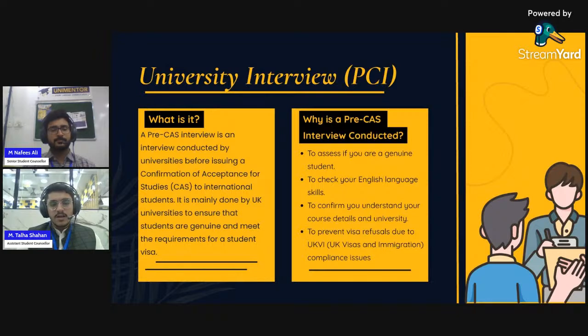Another thing is the pre-CAS interview is conducted to confirm you understand your course details and university. If you are going to the UK for educational purposes, you have to understand which university you are getting into and which course you have chosen. In Pakistan, many consultants choose courses and universities on your behalf, which is not good in the sight of the UK.